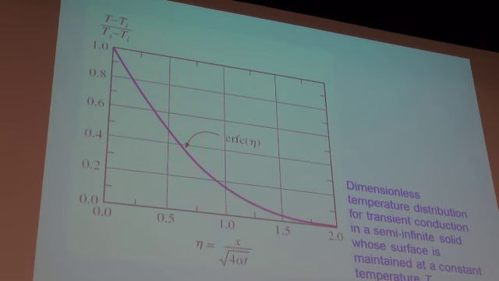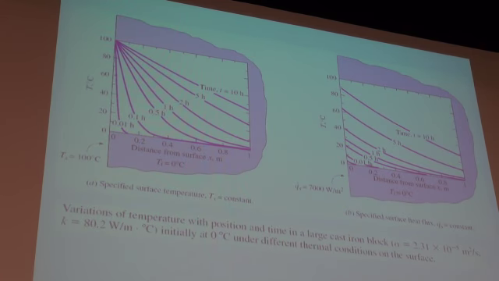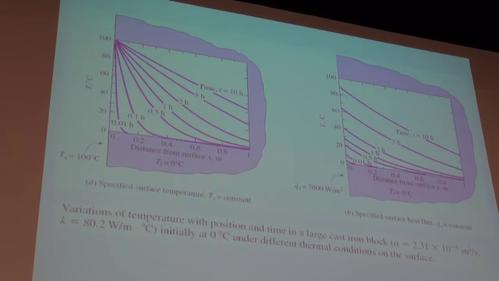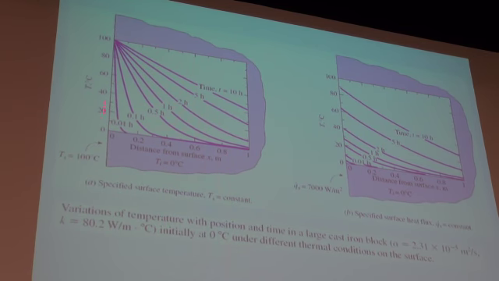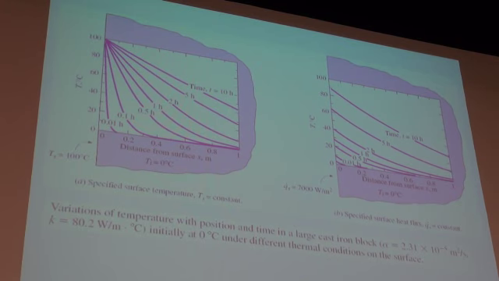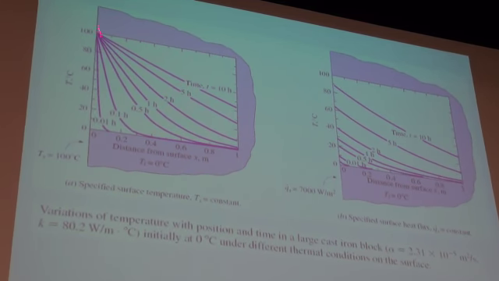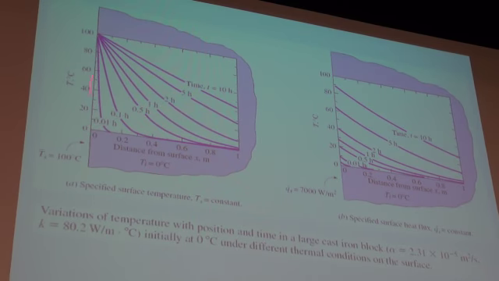The next one would be a block, a large cast iron block. The properties are given, the alpha and the K values, and this block is at a temperature of 0. Now this surface is changed to 100 degrees.